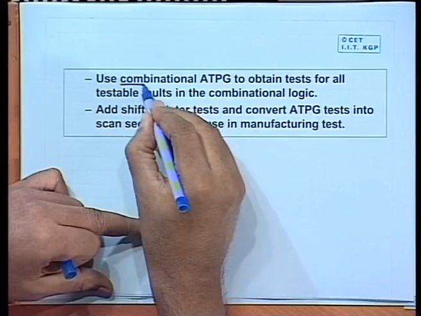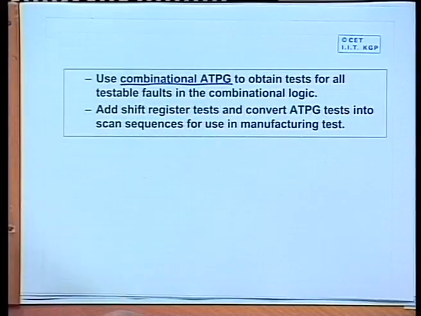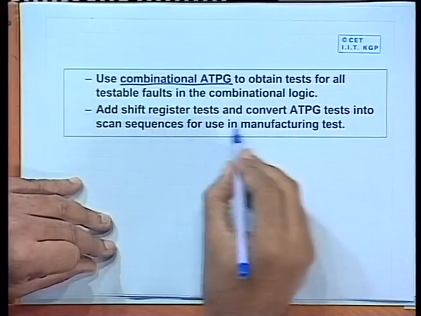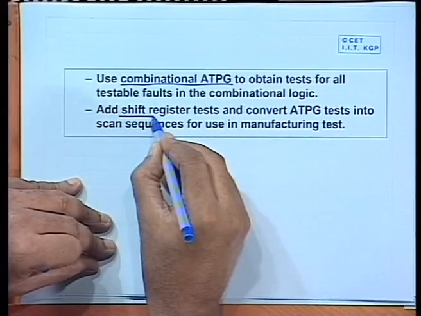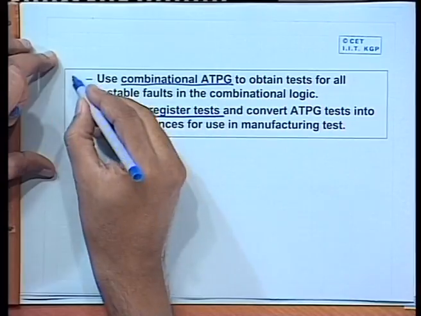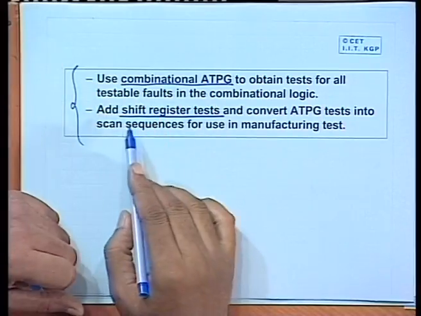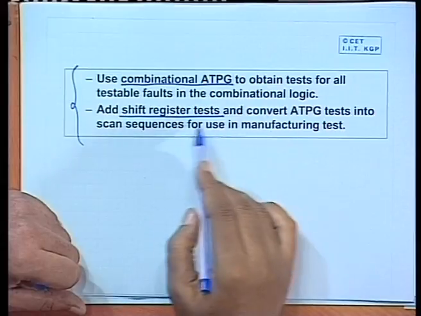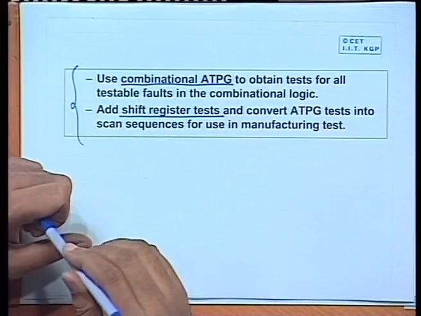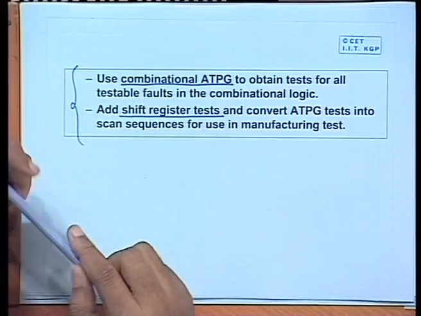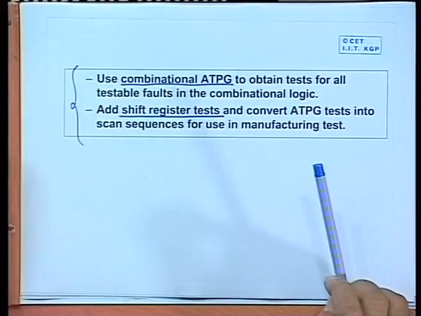Now you can use a combinational automated test pattern generator to obtain the tests, and some additional tests to test the shift registers. This is all we need. We need to test the shift register, and once we have done this, we can use the combinational test patterns to test the combinational logic.